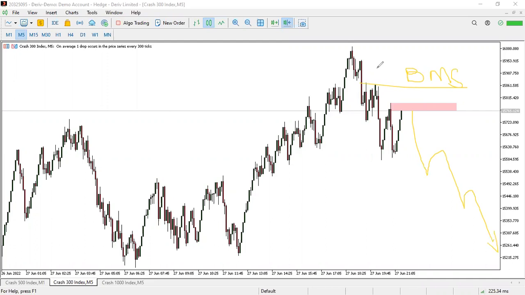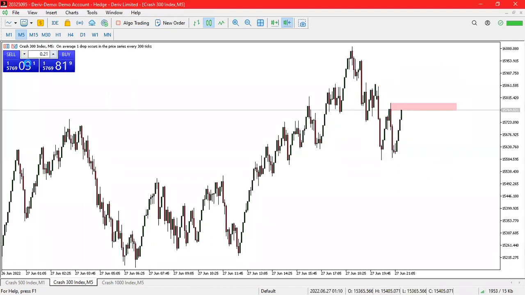Do you understand? So this is the prediction of what? Crash 300 to continue selling. So small accounts, this is the level where you can be willing to sell.